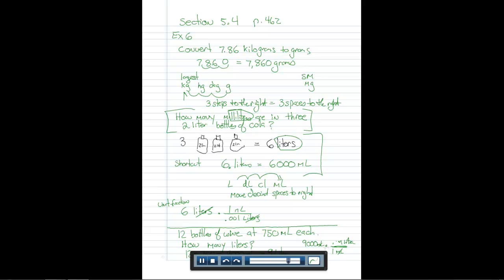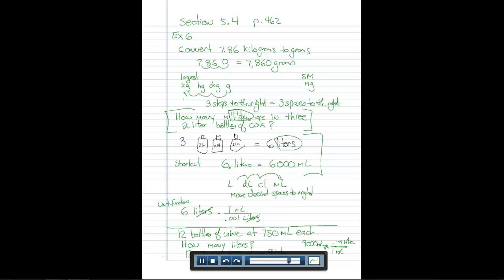So would you multiply or divide by .001? Because it's in the numerator, we'll multiply it. 9,000 times .001 is also going to give me 9. So you can use the unit fractions or the other.